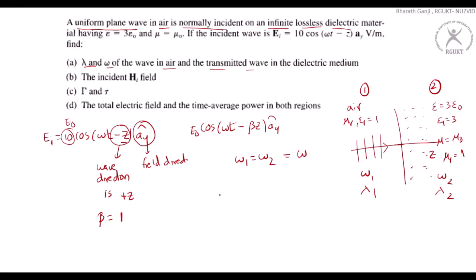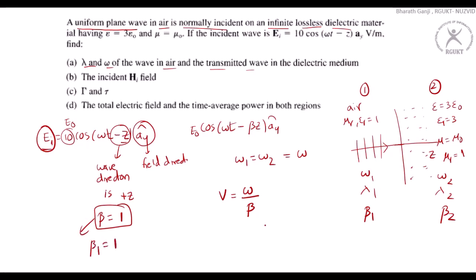The velocity of the wave is given by omega divided by beta. In our scenario, this is the incident wave, so you have beta 1 here and beta 2 here. Beta 1 is equal to 1, in the first region.